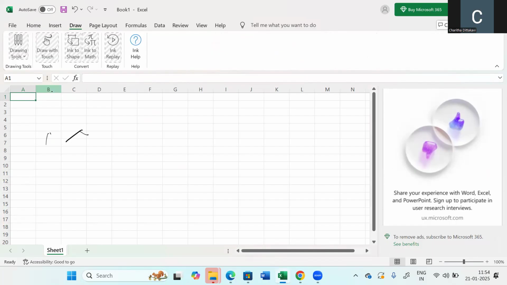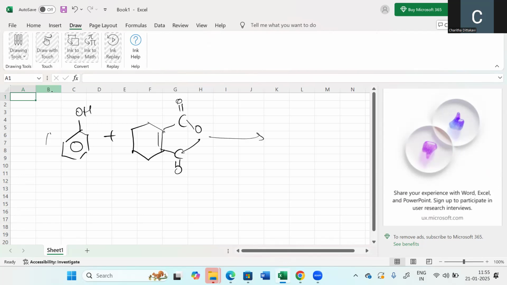So I have a phenol group here. And then let us use phthalic anhydride, which is C=O, O, and C=O. In the presence of H2SO4, what will it give? This gives the test, and the solution turns out colorless.